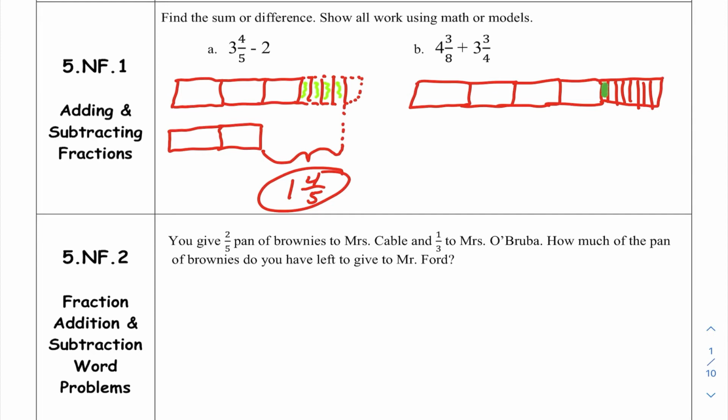So 1, 2, 3. And then I've got all of these too, so I'll shade these in just to make it really easy to see. So 4 and 3/8, and now I'm adding that to 3 3/4. So I go 1, 2, 3, and now this one I've got 3/4.